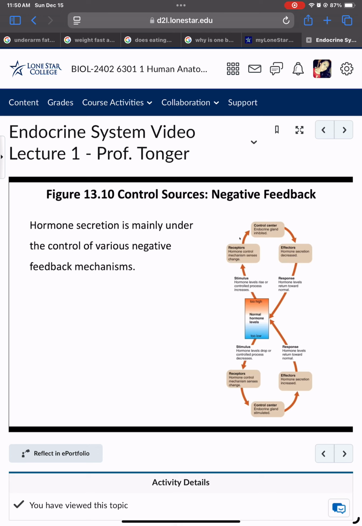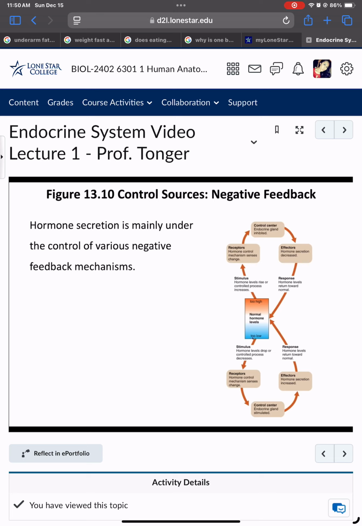Once the control center has the message that the hormone level is going up, there will be a change in the hormone level via effectors. The effectors will bring the hormone level down by decreasing the secretion, and the response will be a lower level of hormones, bringing it back to the normal set point.